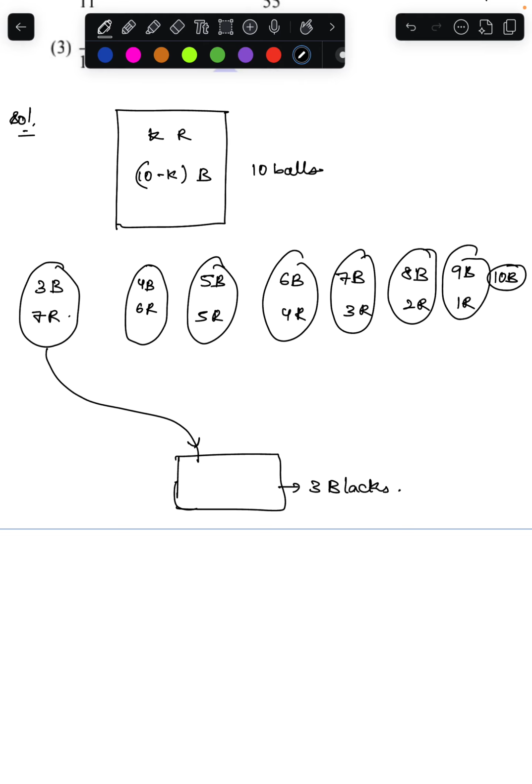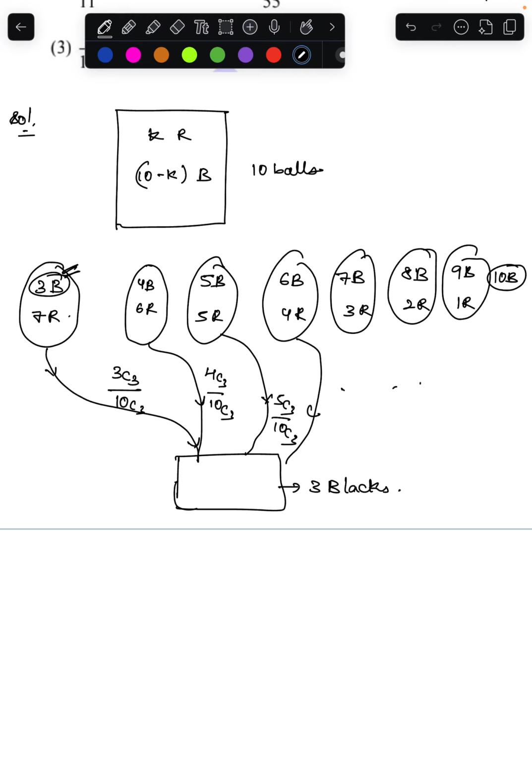If this happens from possibility one, then selecting three black balls will be done like 3C3. There are three black balls, so 3C3, all three must be selected, by 10C3. This is the probability from this possibility. From this possibility, 4C3 by 10C3 should happen. From this one, 5C3 by 10C3, and so on.